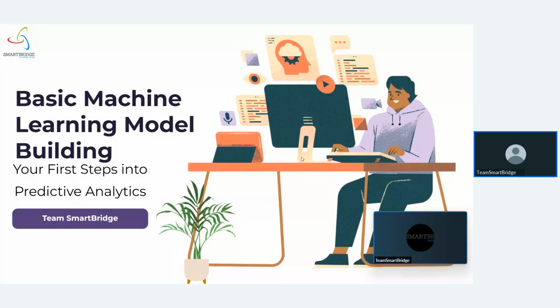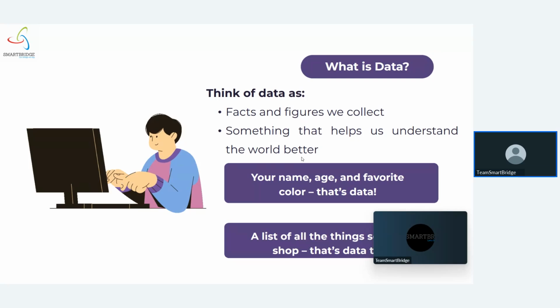So what is machine learning? A machine learning model is like a smart brain built by a computer to learn from past examples called data and predict or decide something about new ones. Till now I'm just telling data: data is the food for AI.